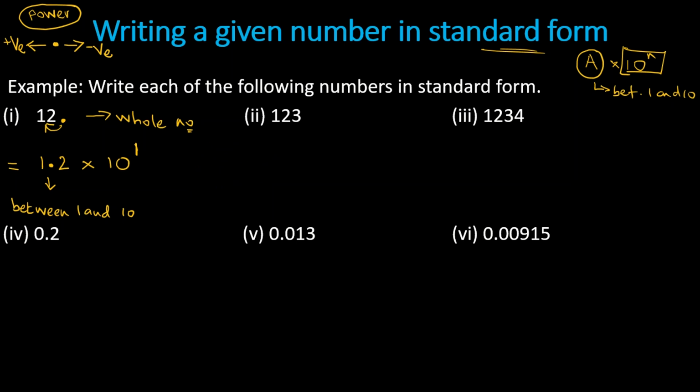The second part, we have 123. Again, the decimal is completely at the end. So we move the decimal to the left until we reach a number between 1 and 10. Do we stop here? This is 12.3. Do we stop? No, 12.3 is not between 1 and 10. So we continue. 1.23.